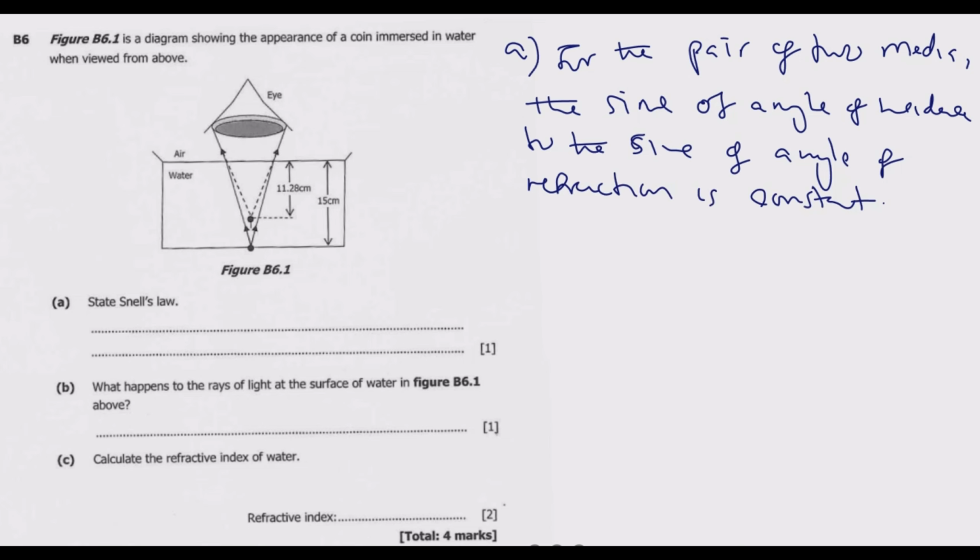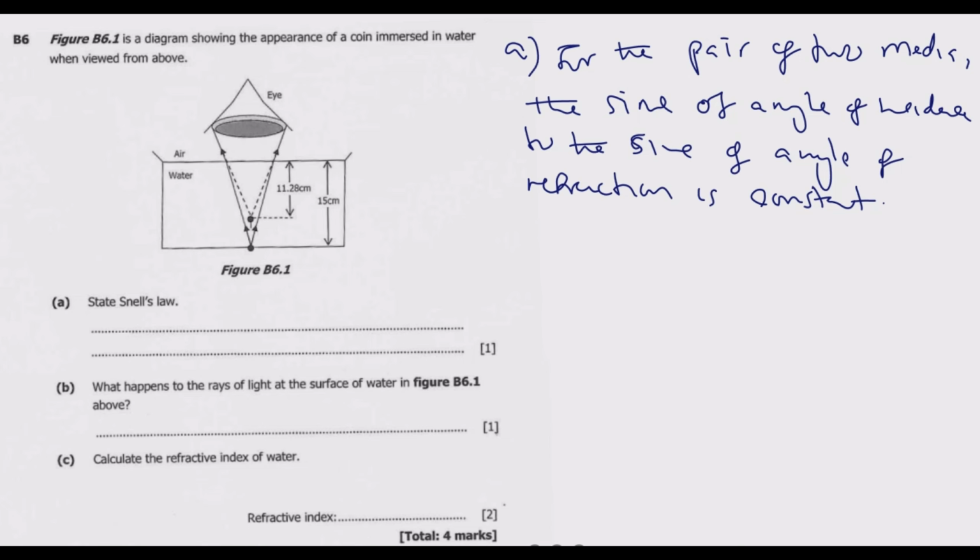That's what it states. Now remember, the angle of incidence is the angle between the incident ray and the normal. Then the refracted angle is the angle between the refracted ray and the normal.